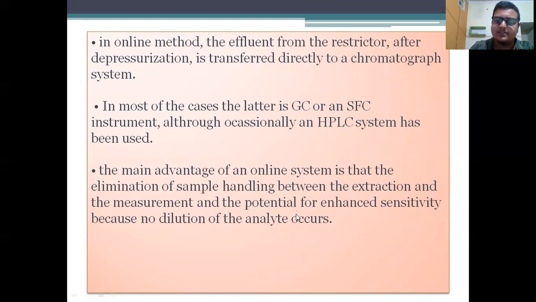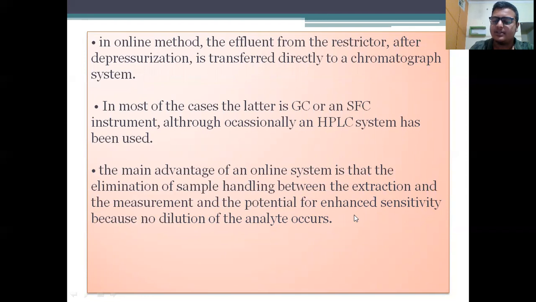The main advantage of the online system is the elimination of sample handling between the extraction steps, as I mentioned earlier. The sample handling between the extraction system is avoided in the online method, and there is the potential for enhanced sensitivity, because less dilution of the analyte occurs here in the online method.